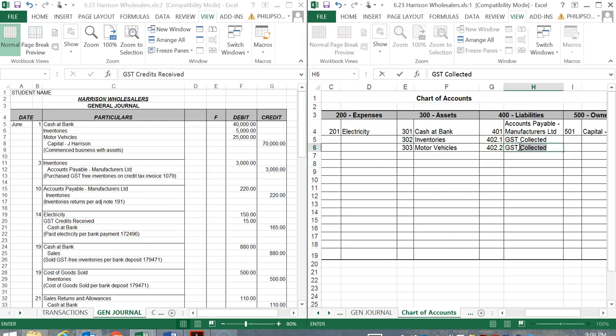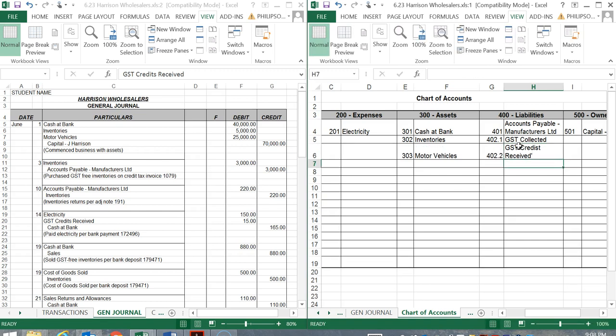So we've sub-accounted them because they go together in liabilities. If I could spell. Okay, GST credits received. So we've got that one in there, and we've got cash at bank, already used it.